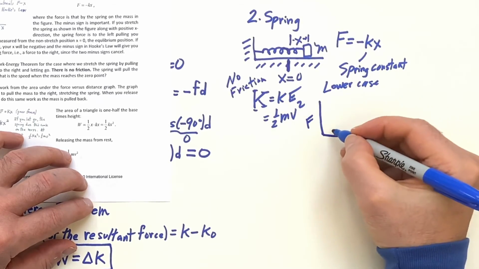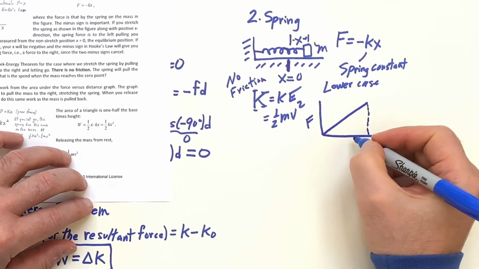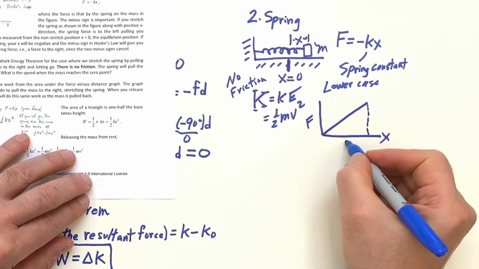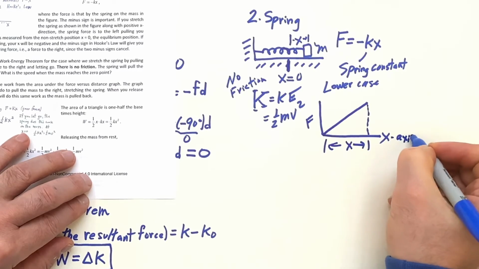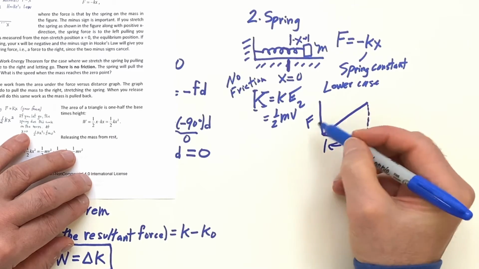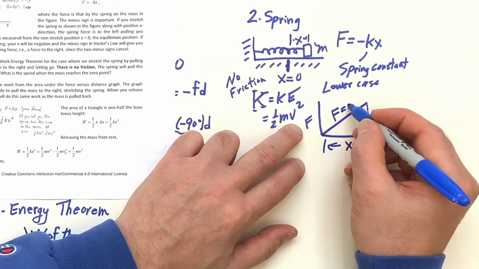I'm going to pull it, so I would have this equation here. This is the x-axis, and this is the force axis, and this is the equation F is kx.